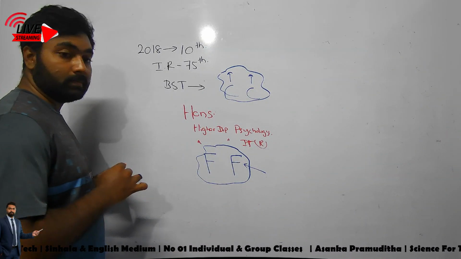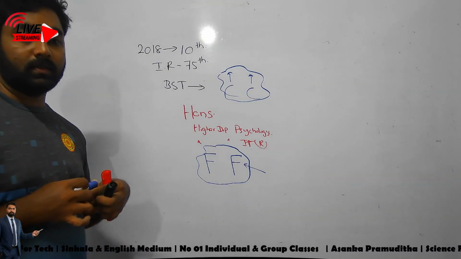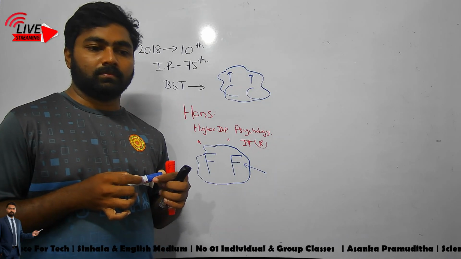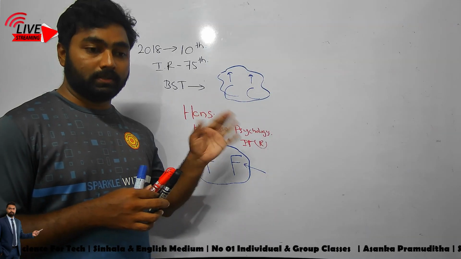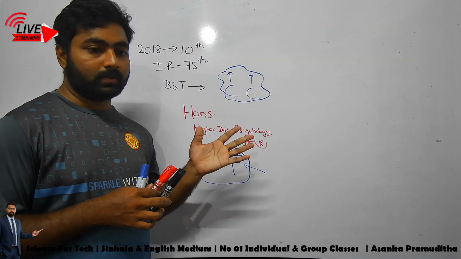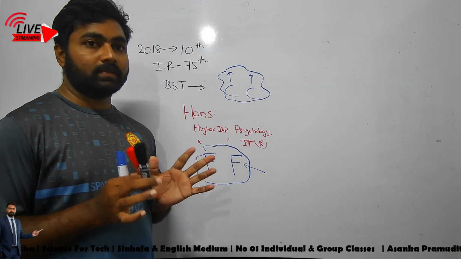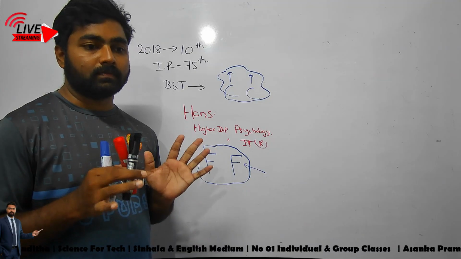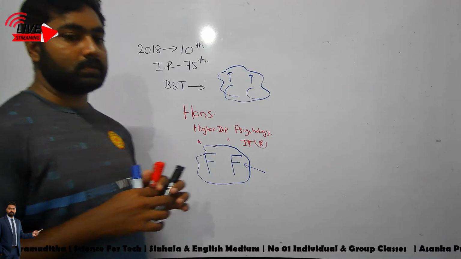But remember, your result depends totally on your dedication. It does not depend on me. I can only guide you, but until now no one has failed in these 7 years. I have that confidence.